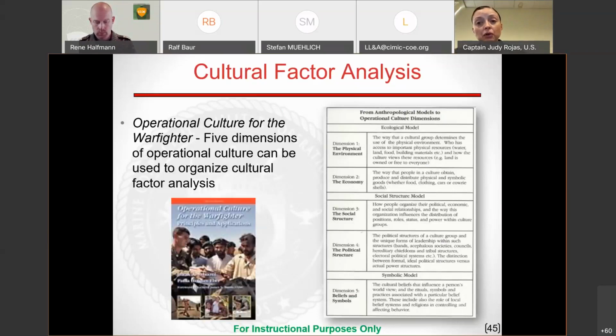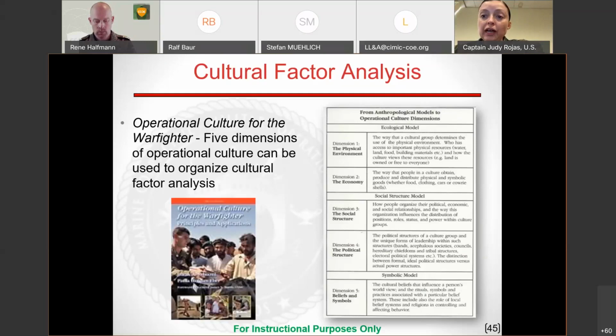So to answer the question earlier, when we look at cultural factors, we're specifically looking at those cultural dimensions, the 5 cultural dimensions. Here you can see on the left is the front cover of a Marine Corps publication called Operational Culture for the Warfighter, in which it discusses the 5 dimensions of operational culture. And you can use this as a tool to help you organize cultural factor analysis.